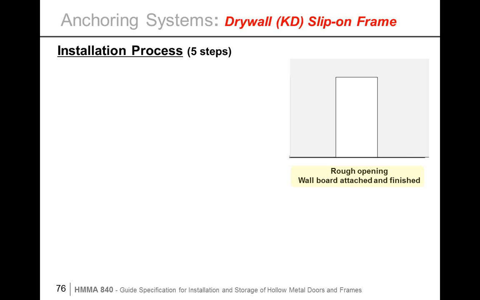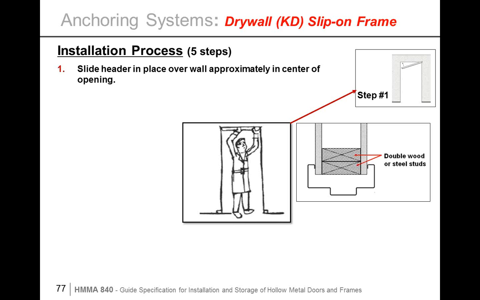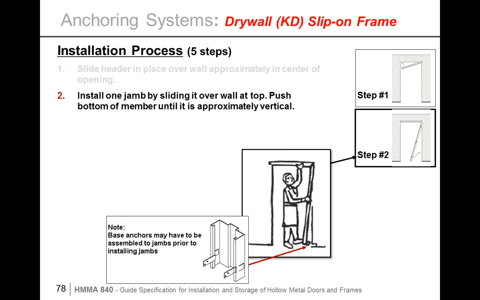Now, in this, the rough opening is critical, and that goes back to your manufacturer or your supplier. But basically, the steps for installing are very similar. The head of the frame is slid up into the opening, and it encapsulates the wall. The next step, one of the jambs is slid into place.